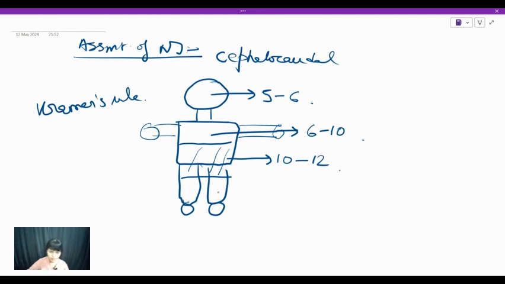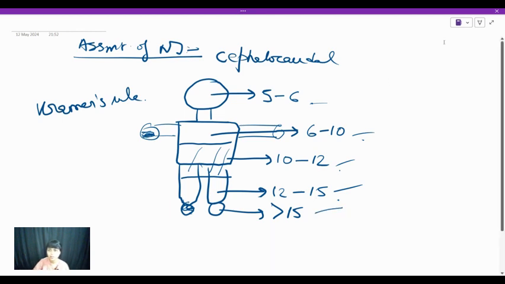If it is in the lower legs, then it is 12 to 15, and if it has stained the palm and the sole, then it is of course more than 15. Clear? So this is Kramer's rule. Do not forget, students, it's very easy. You see, 5 to 6, 6 to 10, 10 to 12, 12 to 15, more than 15.